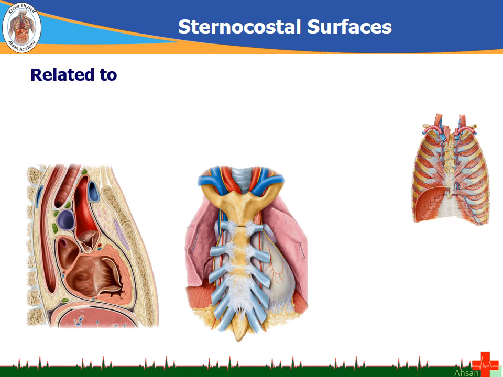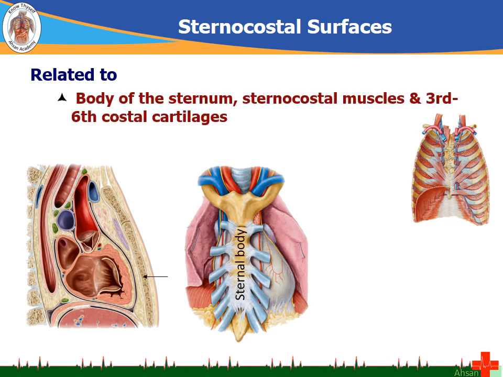The sternocostal surface is related to the body of the sternum. You can see in the two figures this is the body of the sternum, and costal cartilages remain attached to this. The 3rd to 6th costal cartilages lie in front of the sternocostal surface.